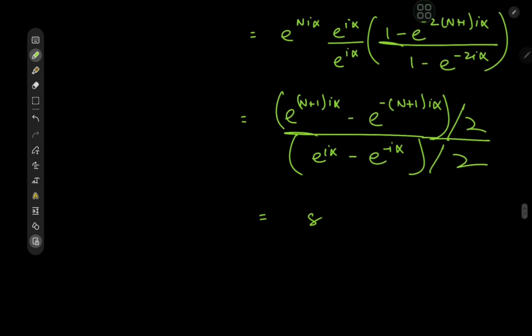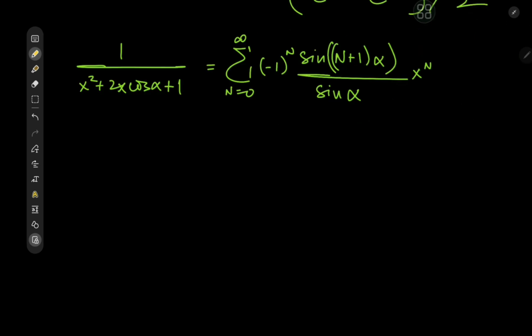So we have sine of n plus 1 alpha divided by sine of alpha, which is awesome. Now that we have this infinite series, it should be smooth sailing from here. Well, yes.